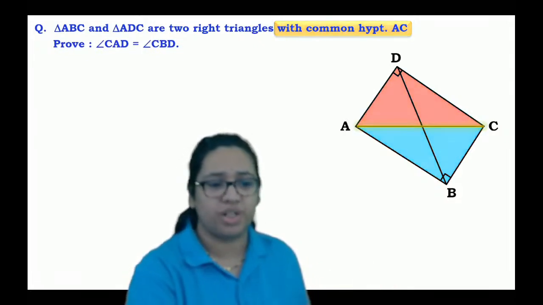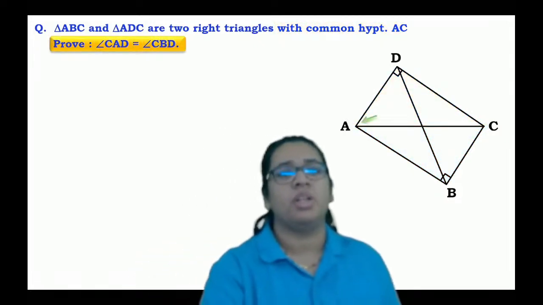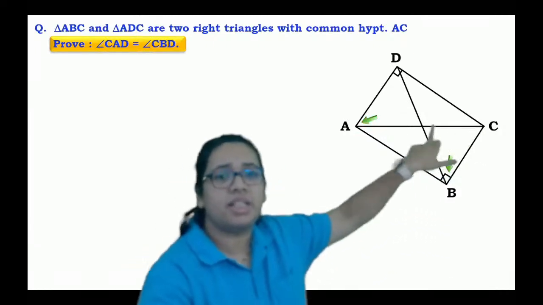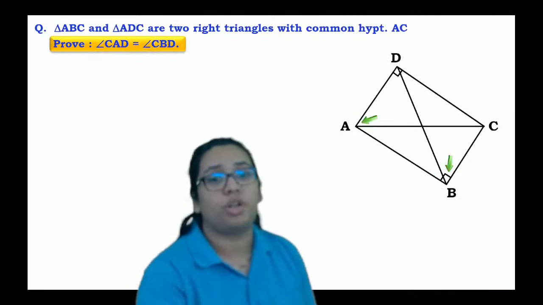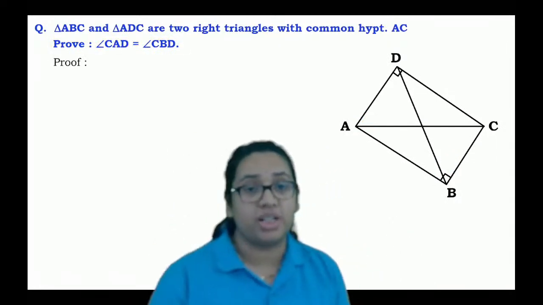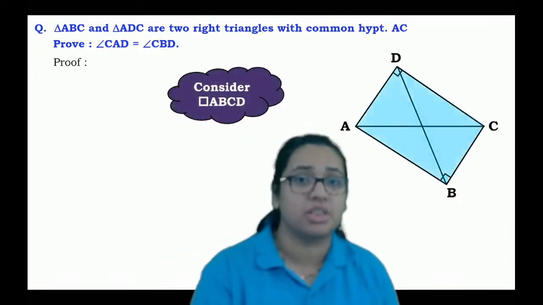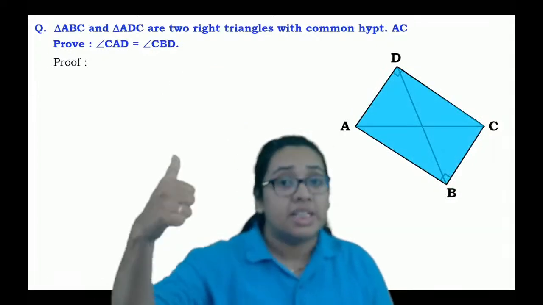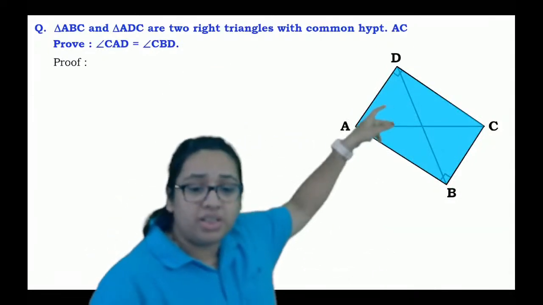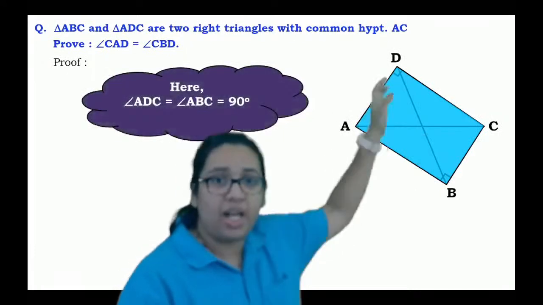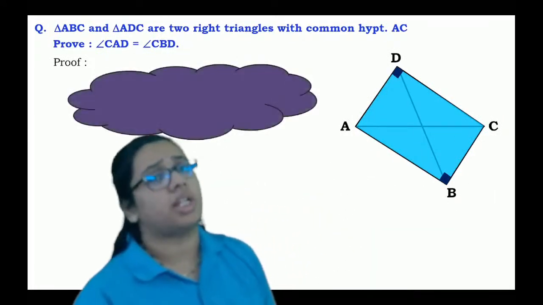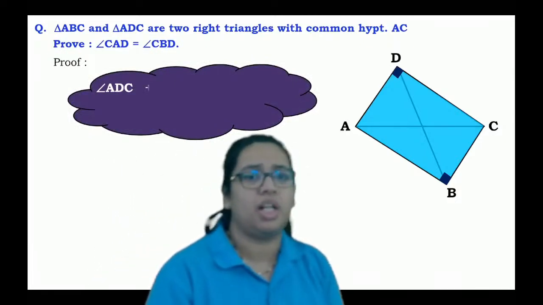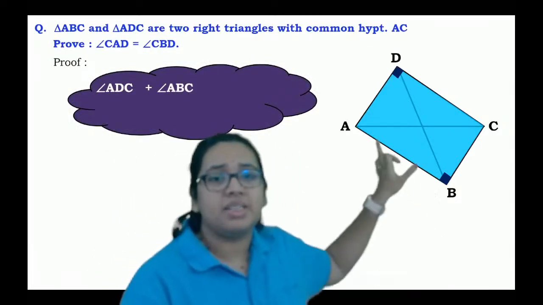We have to prove that CAD is the same as CBD. So for that, again they are talking about triangles. अगर triangle के बारे में आप discuss करते हो तो आप क्या consider कर सकते हो? Second thing, we have two triangles. It means that we have a quadrilateral. अगर आप चेक कर सकते हो ये cyclic quadrilateral रहेगा, then definitely आप discuss कर पाओगे.